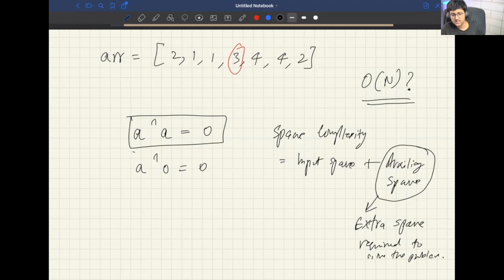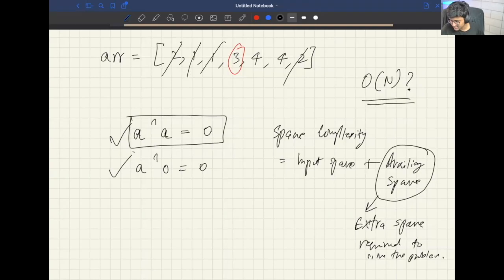So basically the answer is: XOR all the numbers and you will be left with the number that is unique because of these two rules. Two same numbers when XORed will give you 0. So this and this will give 0.